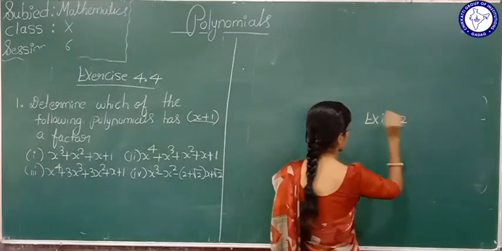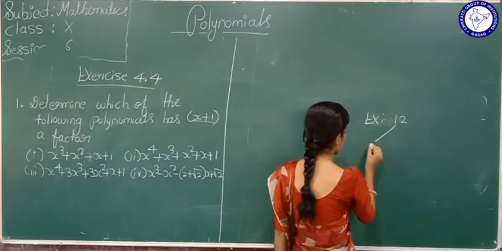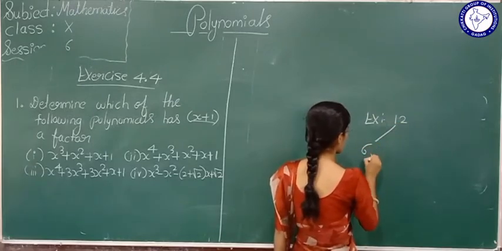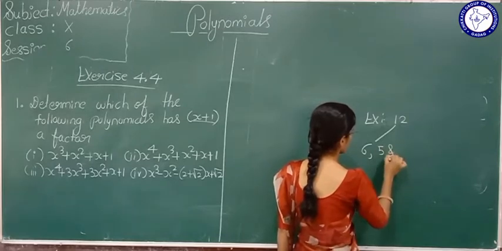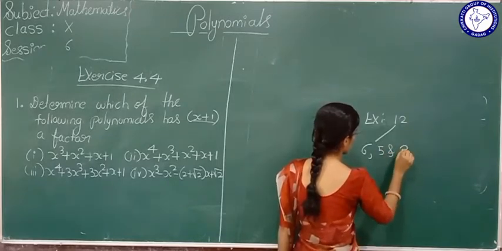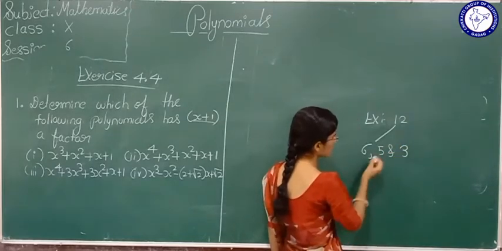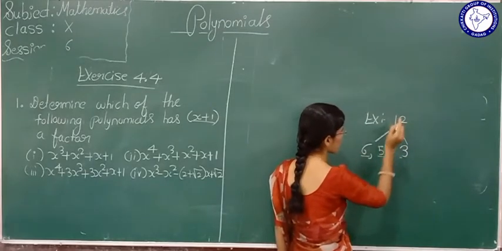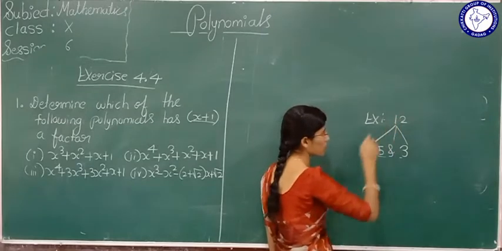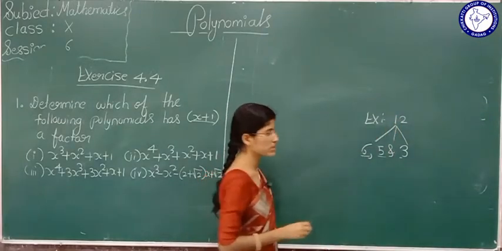Here 12 is there. I am telling 6, 5 and 3. Determine which of the following are factors of 12. Is 6 a factor of 12? How will we check?